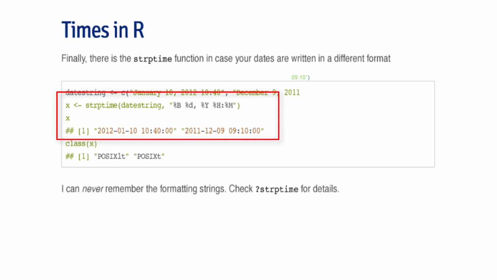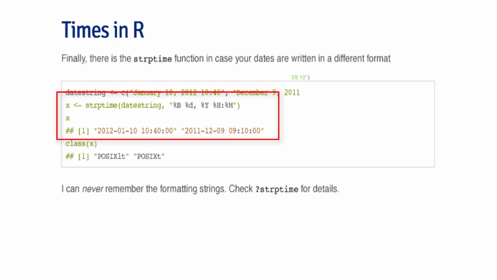So in this case, you will see how these % signs are followed by letters, and then you can look up what these symbols mean in the help page for strptime. So %b means the month, %d is the day, then comma, and then %Y is the 4-digit year, and then %H is the hour, followed by colon and %M, which is the minute, and so that's the format of the times here.